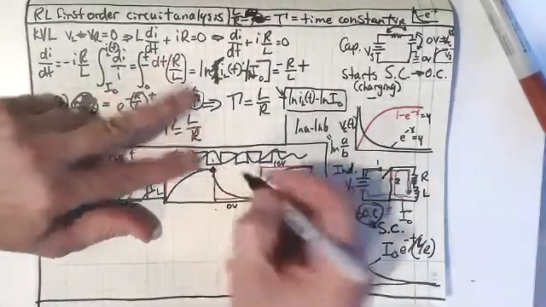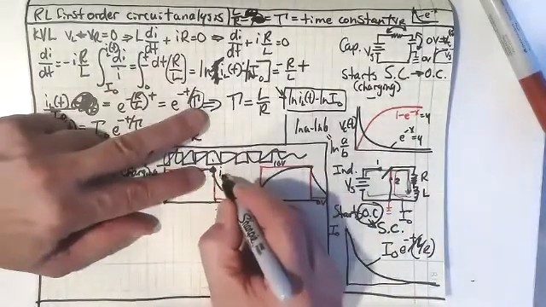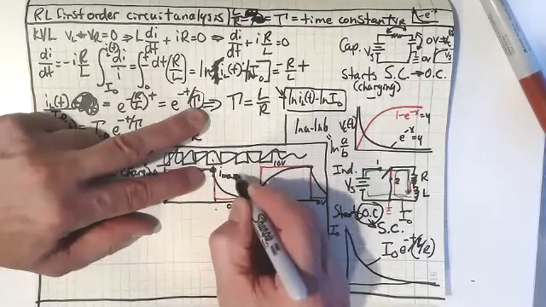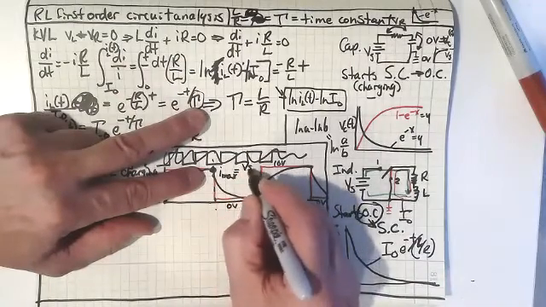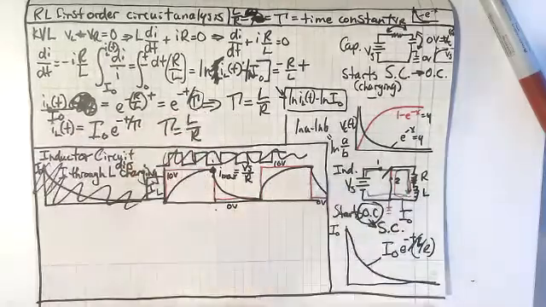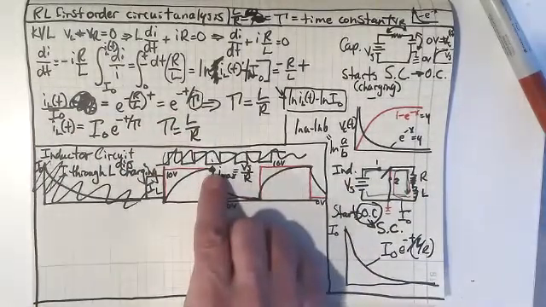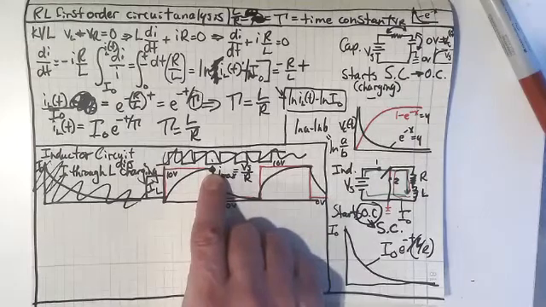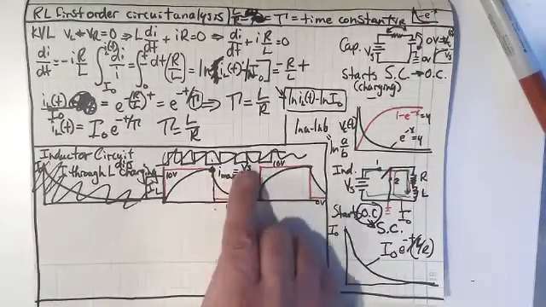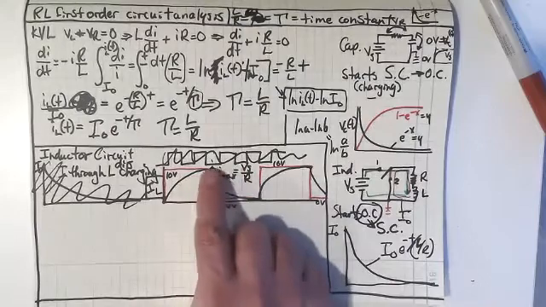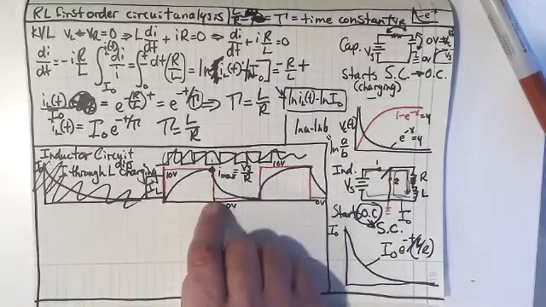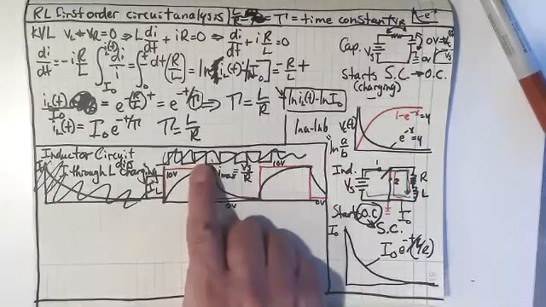The maximum current flowing through the inductor and the resistor is going to be I max equals V sub S over R, if we go all the way past 5 time constants. Does everyone see that? And then how's the current going to go?